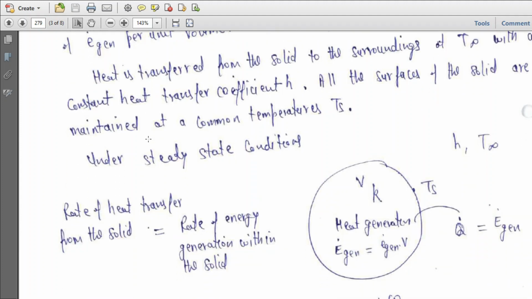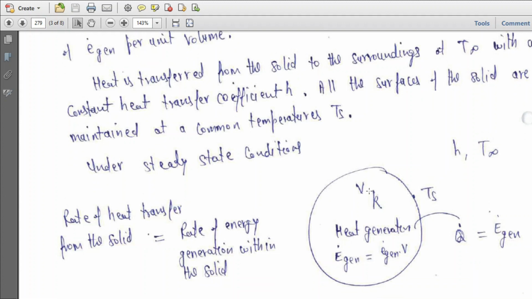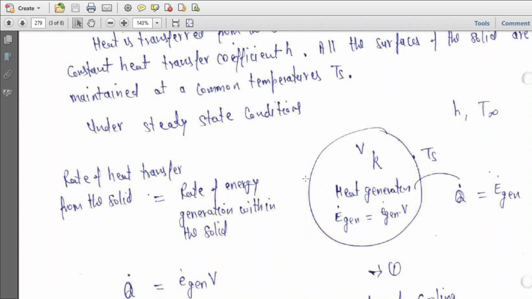Now this is the case here. The heat is transferred from the solid to the surroundings at T infinity with a constant heat transfer coefficient h. All the surfaces of the solid are maintained at a constant temperature Ts. Under steady state conditions, whatever heat is being generated within the material, E dot generation, would be equal to the energy generated per unit volume multiplied by volume, and this would totally be lost to the surroundings.